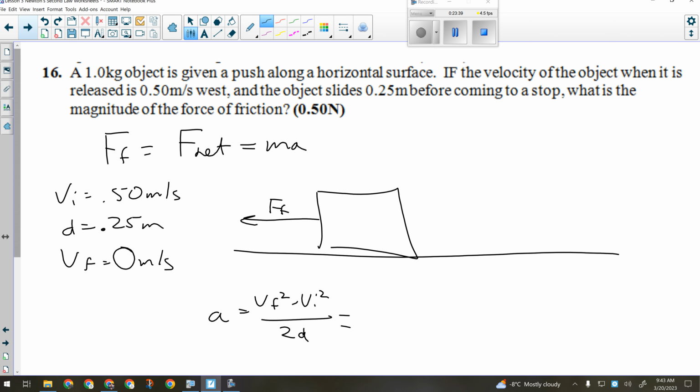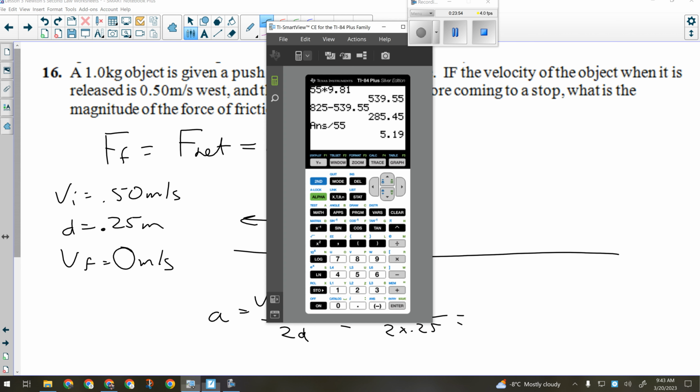Okay, so I'm going to have 0 squared minus 0.5 squared, divided by 2 times 0.25. Okay, so 0.5 squared is 0.25, divided by 2 times 0.25.